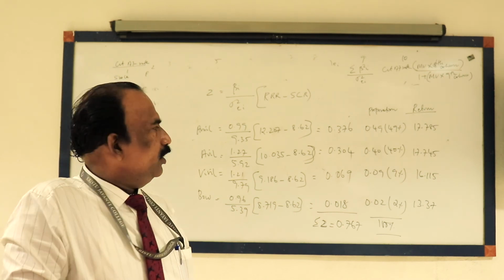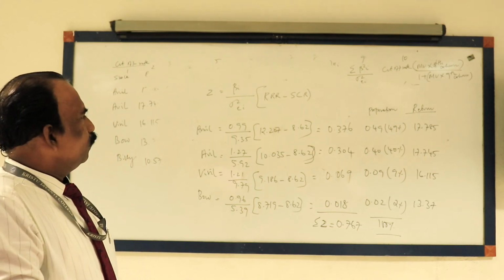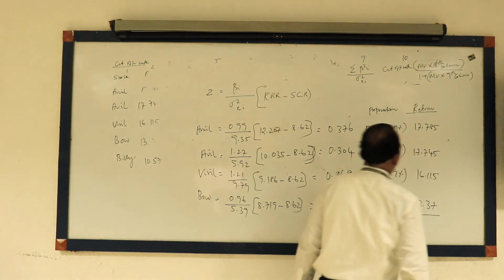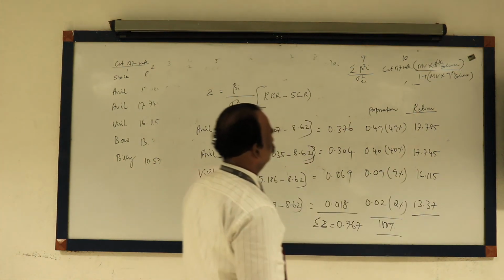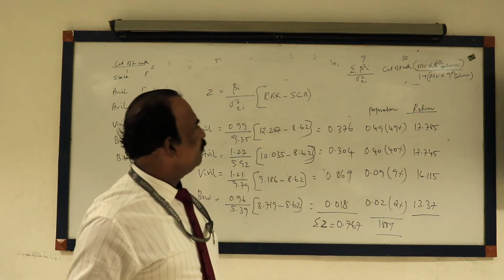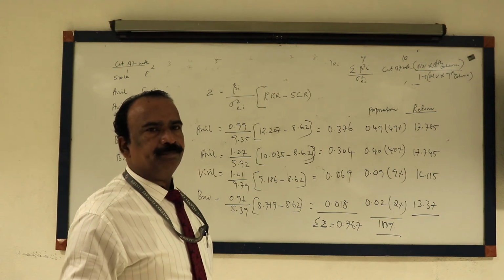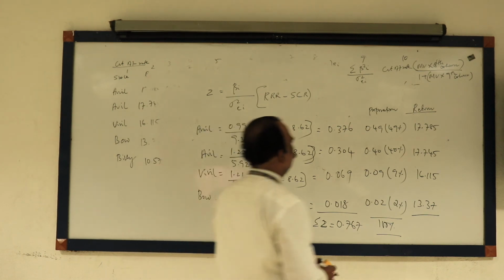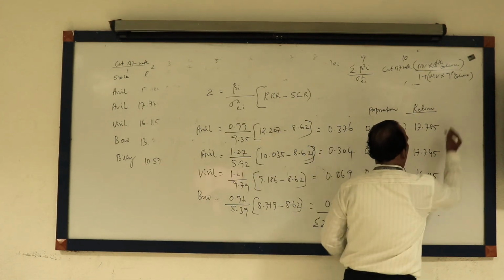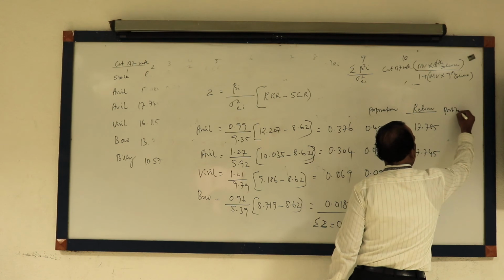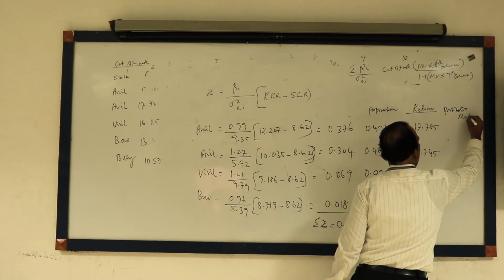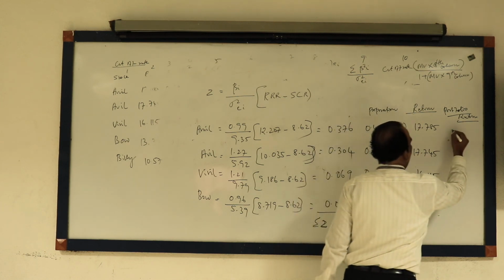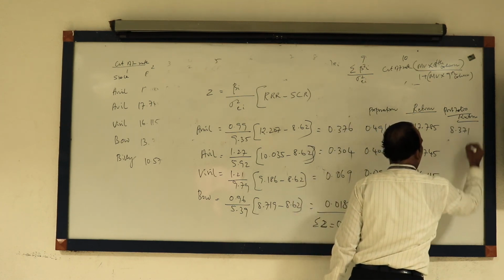That will give you the portfolio return. How much comes? 17.785 into 0.49 is 8.371.